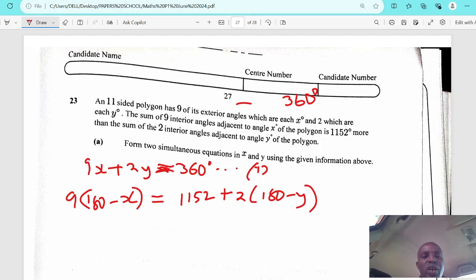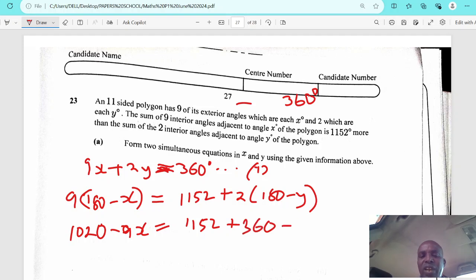Right. So for this one, just remove the brackets, collect like terms, then it will make sense. 9 times 180 is 1620, so it's 1620 minus 9x equals 1152 plus 2 times 180, which is 360, minus 2y.